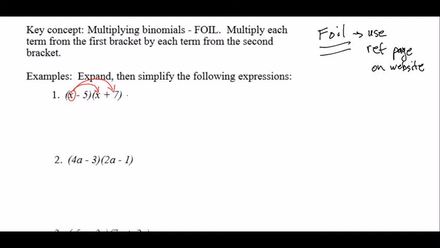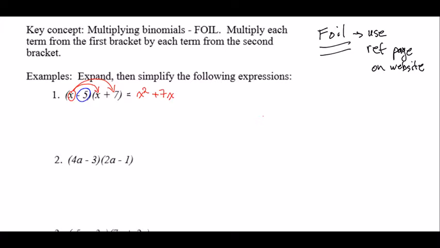So now what we end up with is, well, x times x is going to be x squared, which is what we expect. And then x times 7 is going to be plus 7x. Now, let's take a look at the minus 5 here. Now, notice I didn't say 5.